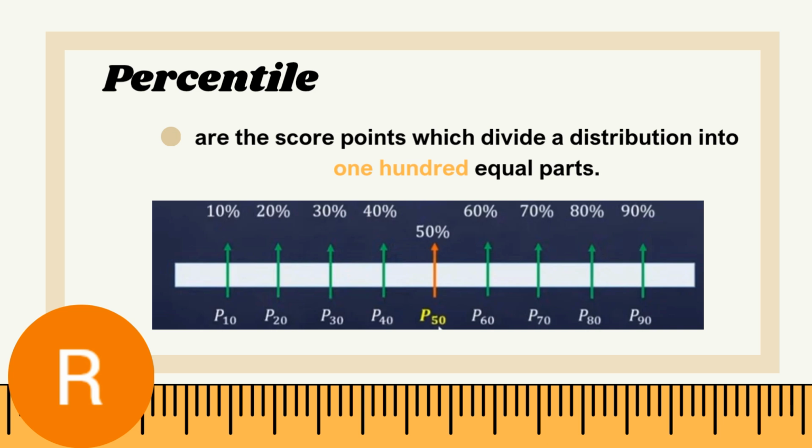For example, if you score 95 in a 100 item test and your percentile rank is 99, then this means that 99% of those who took the test performed lower than you. This also means that you belong to the top one percent of those who took the test.